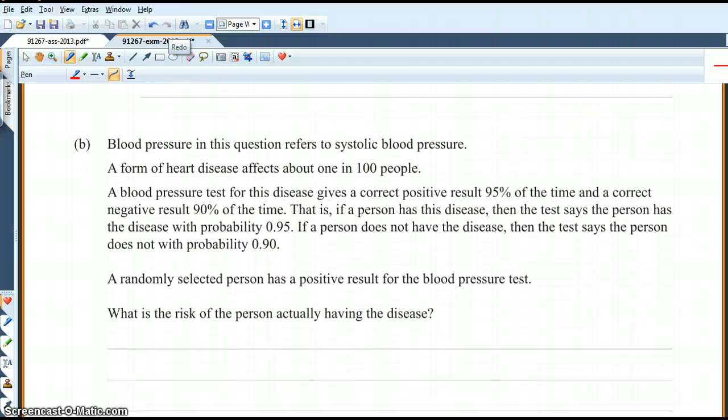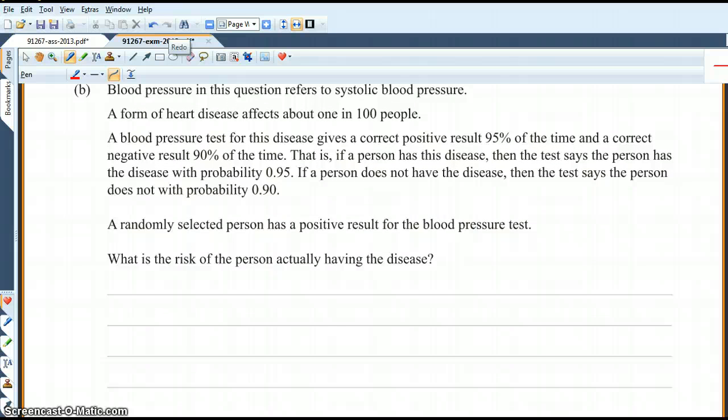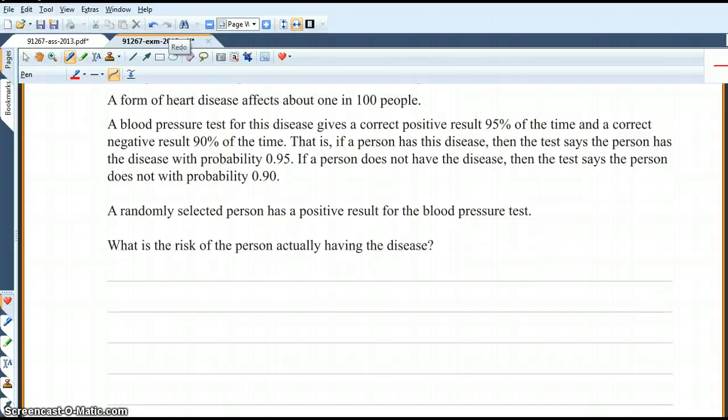Blood pressure in this question refers to systolic blood pressure. A form of heart disease affects 1 in 100. A blood pressure test for this disease gives a correct positive rate 95% of the time and a correct negative result 90% of the time.